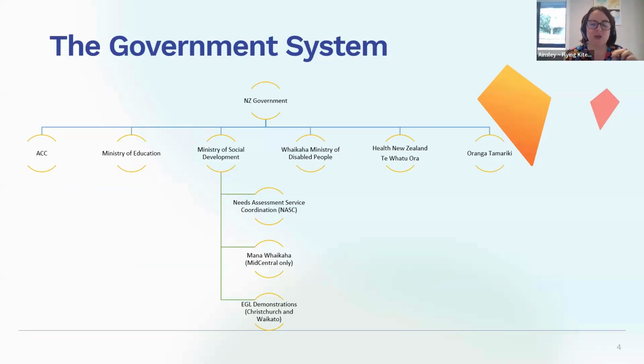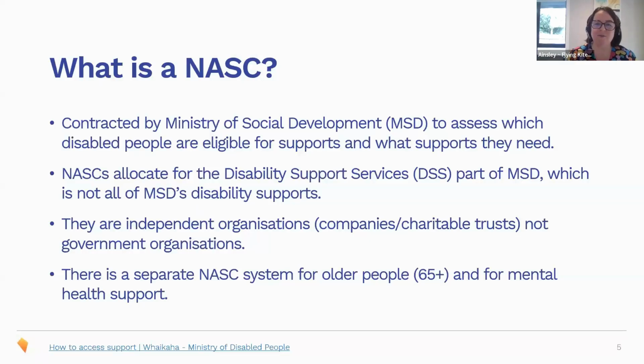Then they contract in each region to a NASC. There are 16 NASCs around the country, and there will only be one in whatever region you are based in. That's the particular process, the Needs Assessment Service Coordination contract that those organisations hold. And we're talking about the process they use to decide what services you can have.